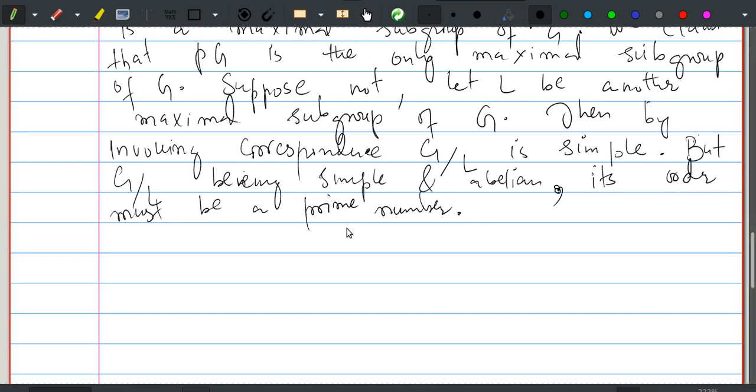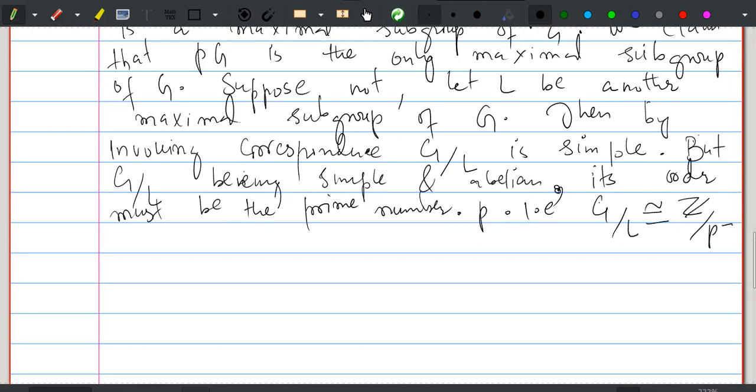That prime must be equal to P, because G is given to be P-primary. So its order must be the prime number P. That is, G mod L is isomorphic to Z mod PZ.